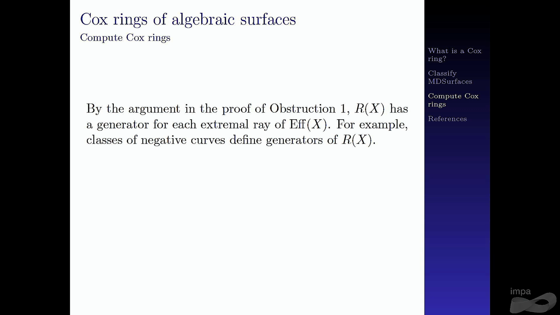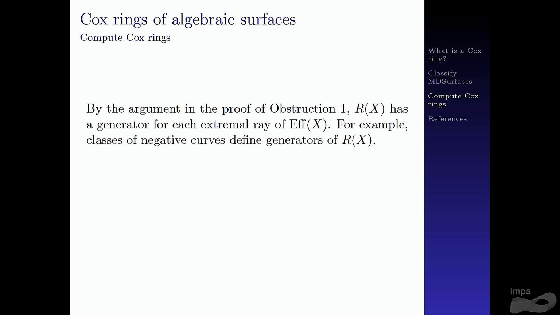It tells you that if you take any class which is an extremal ray or an element of the Hilbert basis of the effective cone, the Hilbert basis being just a generating set of the effective monoid, so any effective class is a combination with non-negative integral coefficients of those, then the Cox ring must have a generator in that degree. Because their classes generate the effective monoid, so you need generators in those degrees.